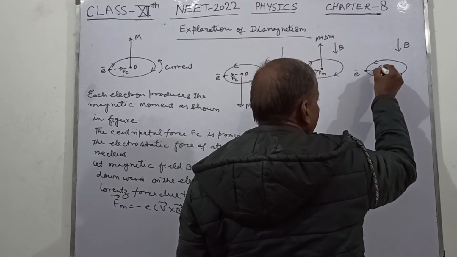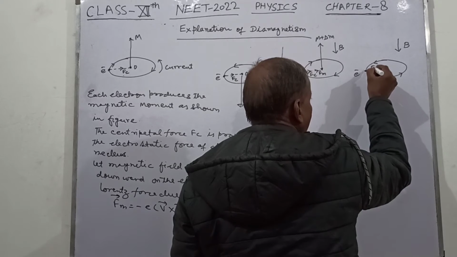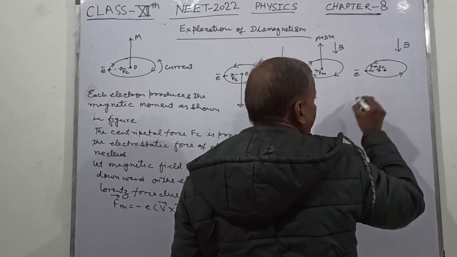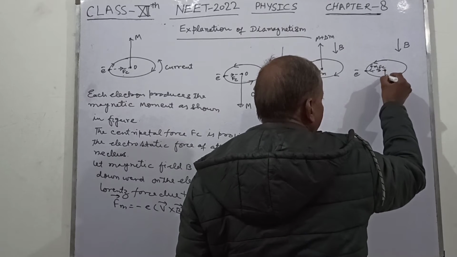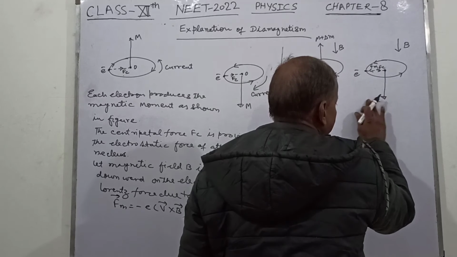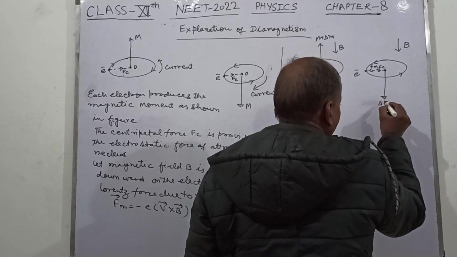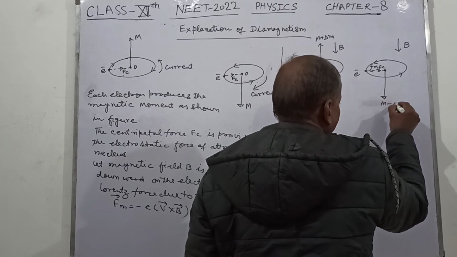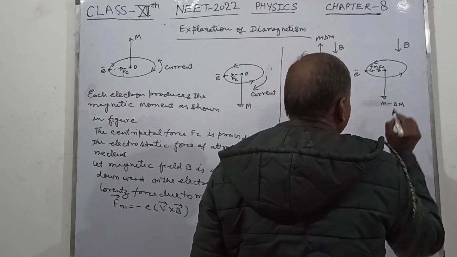So this is Fc and this is Fm. Here the magnetic moment will decrease by this amount delta m, so this is m minus delta m.